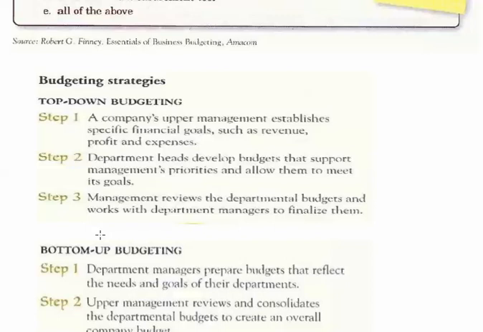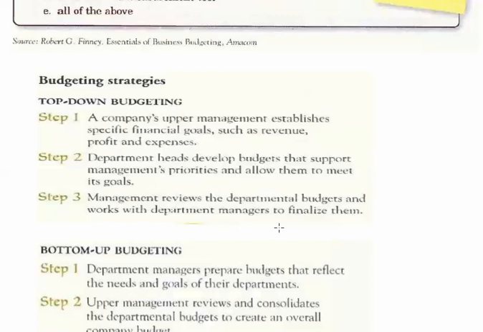So in top-down budgeting, we begin from upper management, then department heads, then management reviews the departmental budgets and works with the department managers. They work together to finalize the budgets.